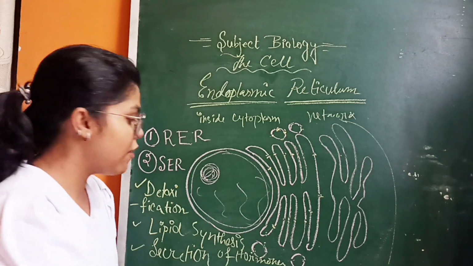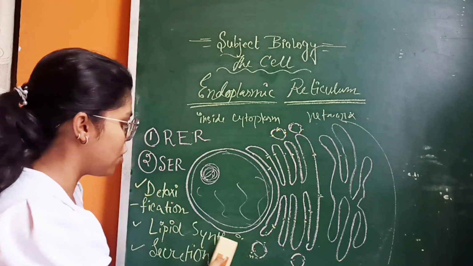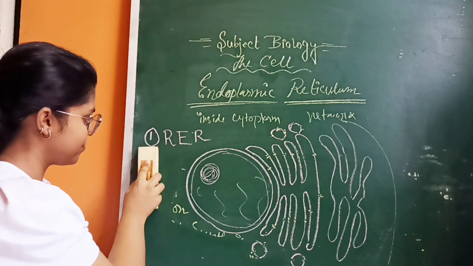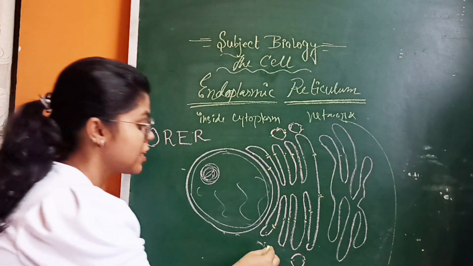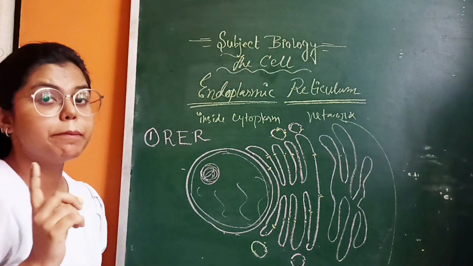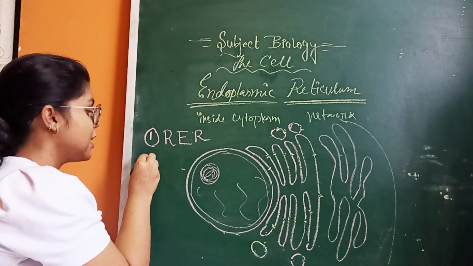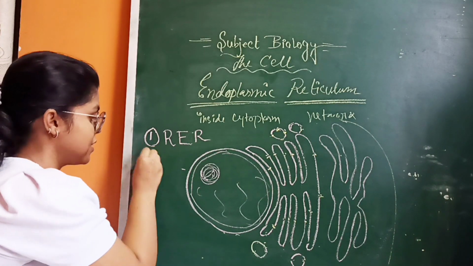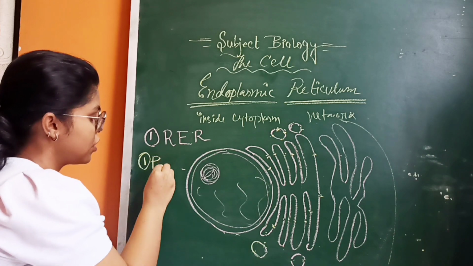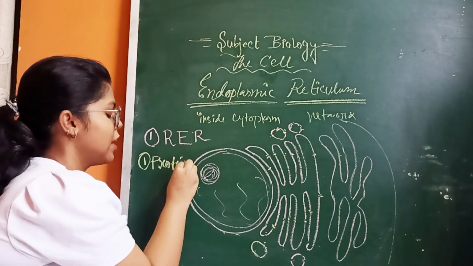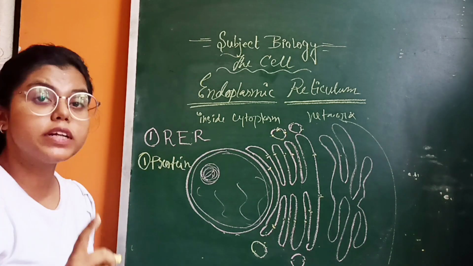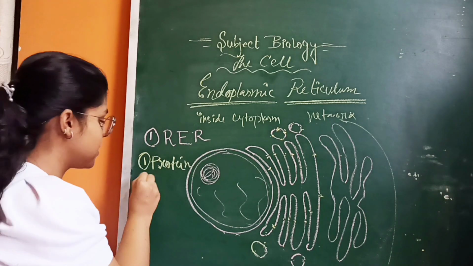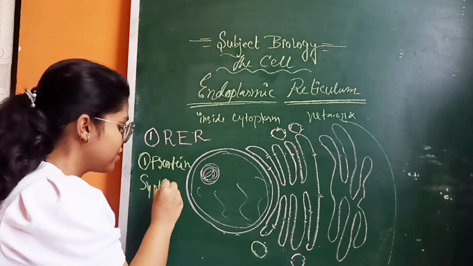Now I am writing the functions of RER, rough endoplasmic reticulum, which is very important. It helps in protein synthesis, which is the one and only important function of RER.